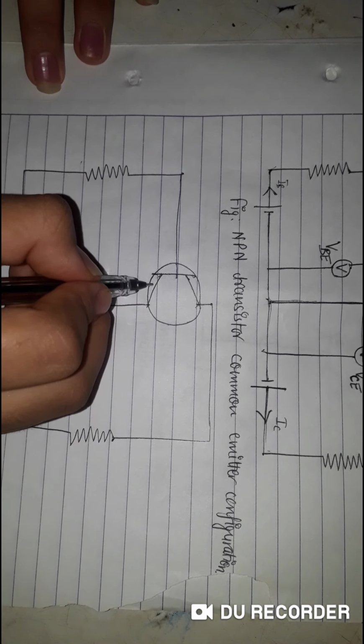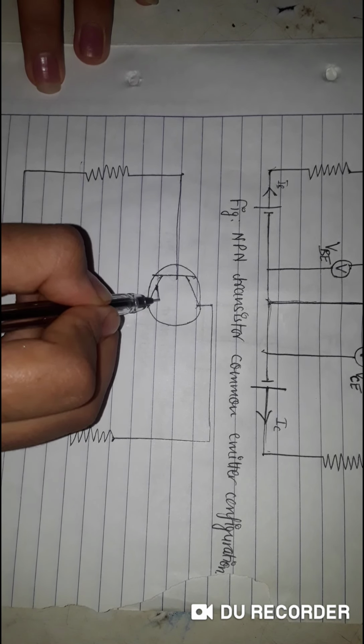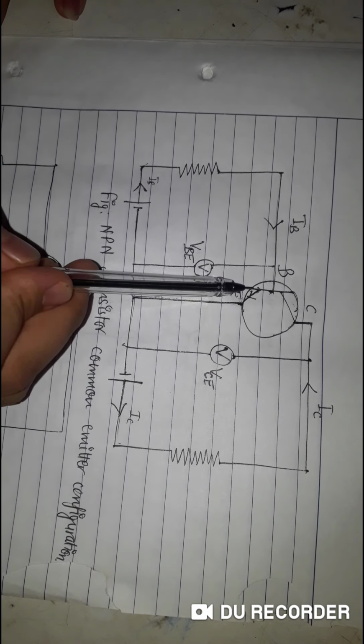Yeah, straight line. A resistor over here as well. A gap. Here the emitter current goes inward in the case of a PNP transistor, exactly the opposite, because here the current is going outward, here the current goes inward.